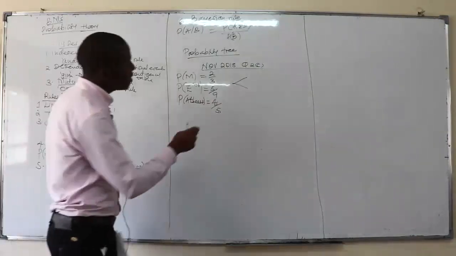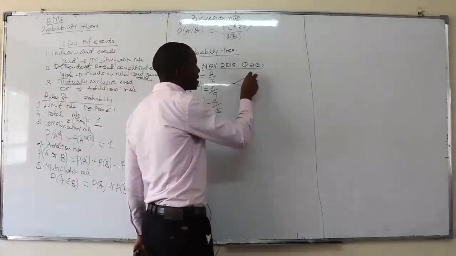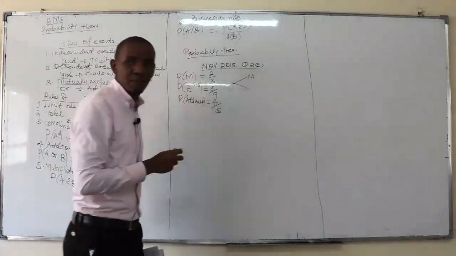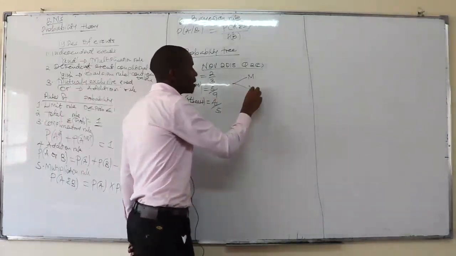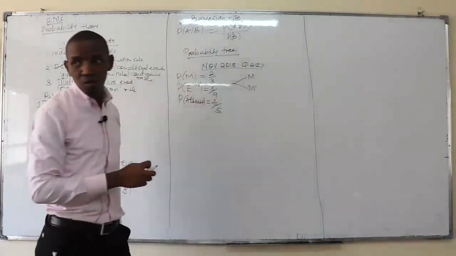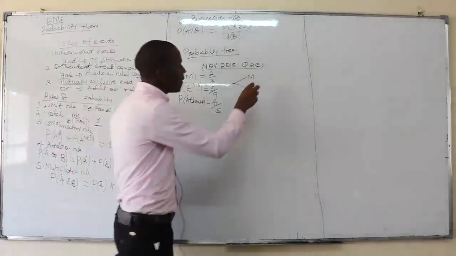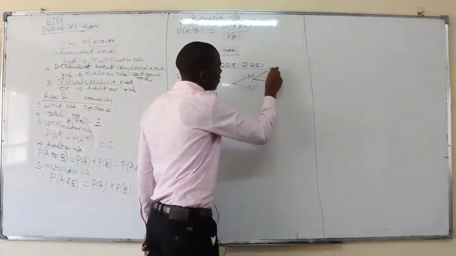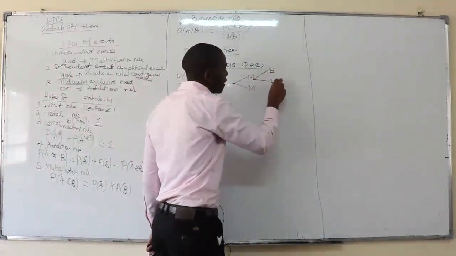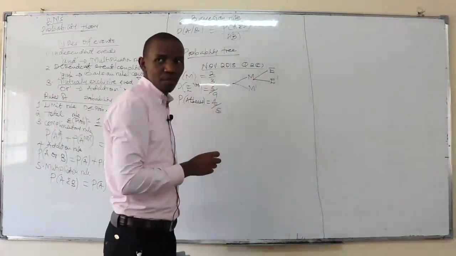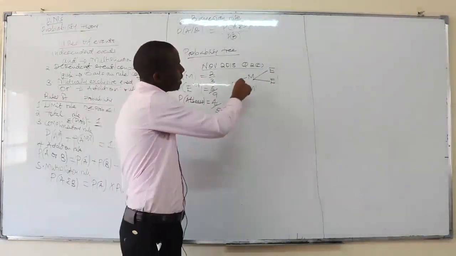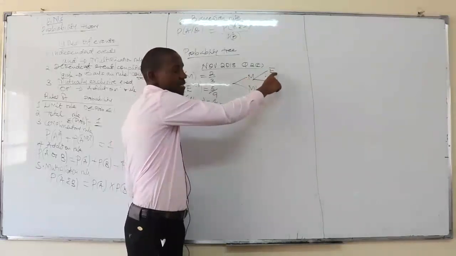If he passes mathematics, let's say it is M. If he fails mathematics, let's say it is M1. If he passes English, we can call it E. If he fails, it is E1.